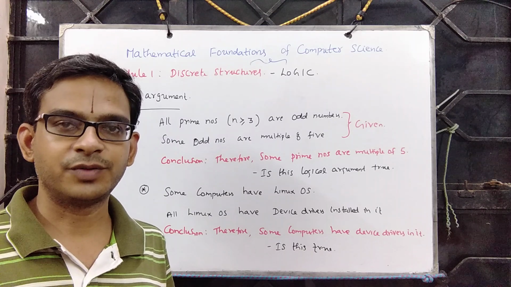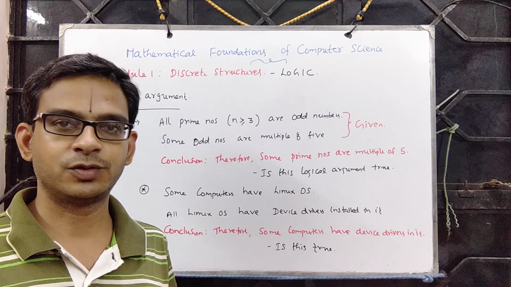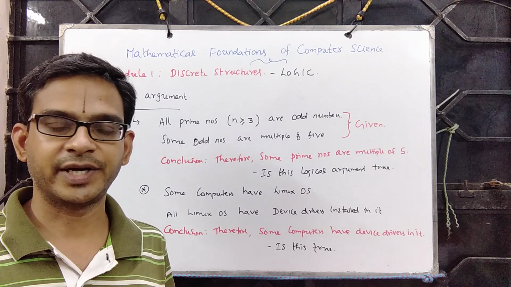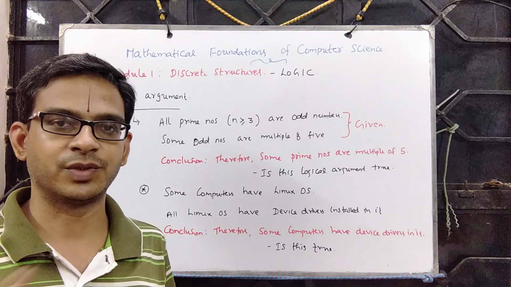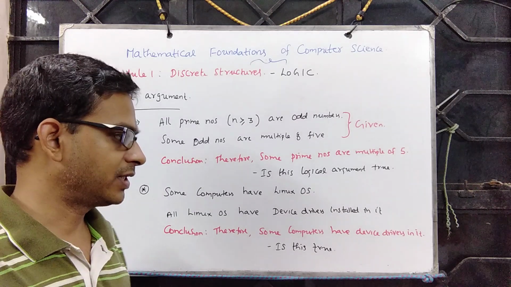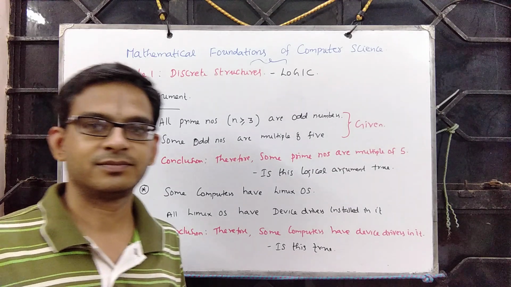Then we talk about how to prove such a logical argument through propositional variables and well-known implication identities and so on. So that's precisely the focus for another 1 or 1.5 hours.